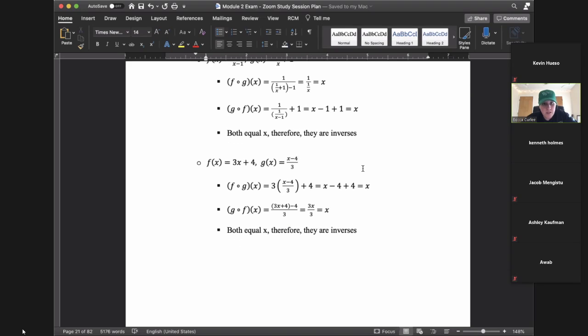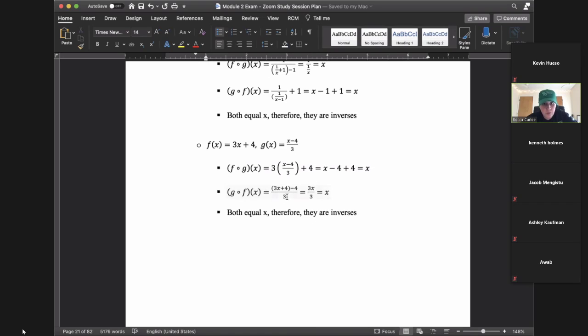Same thing with another example: f of x equals 3x plus 4, and g of x equals x minus 4 over 3. We're composing these functions. For f of g of x, we take the x and replace it with g of x. So we've got 3 times x minus 4 over 3. If we multiply by 3 something that has a 3 in the denominator, it's just going to be x minus 4 plus 4, which equals x.